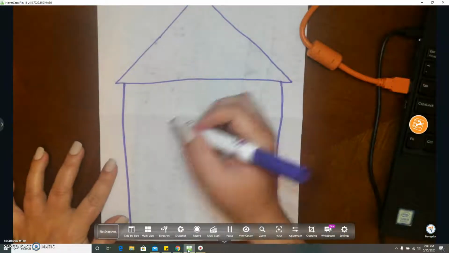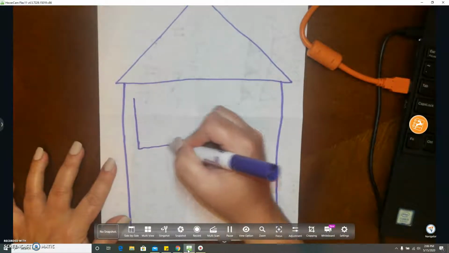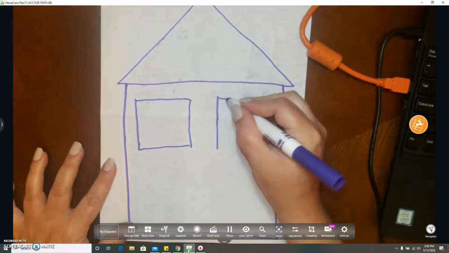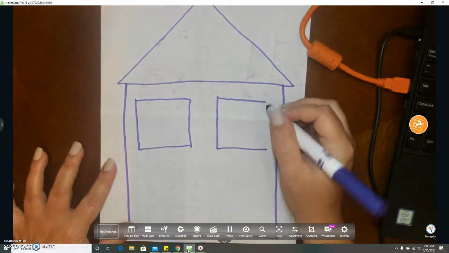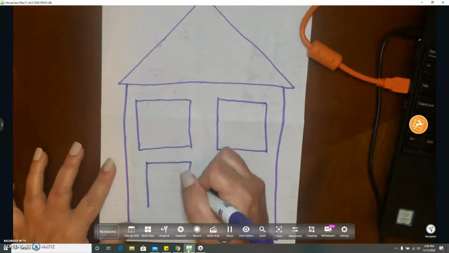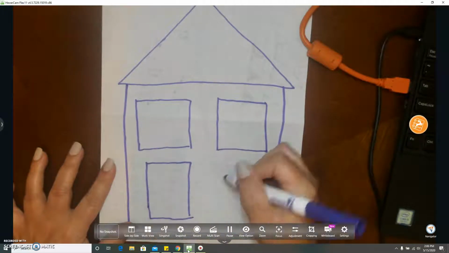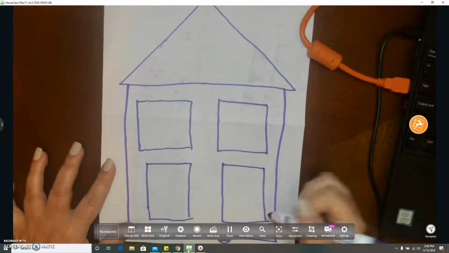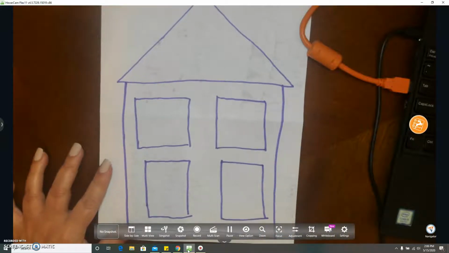And then we're gonna draw 1, 2, 3, 4 small squares. So it's kind of like a little house, okay?